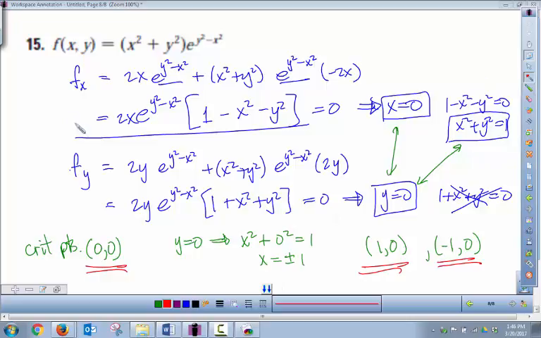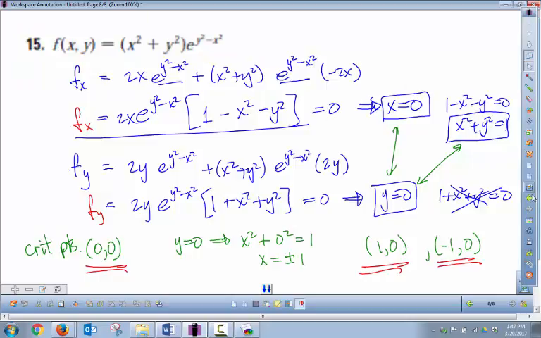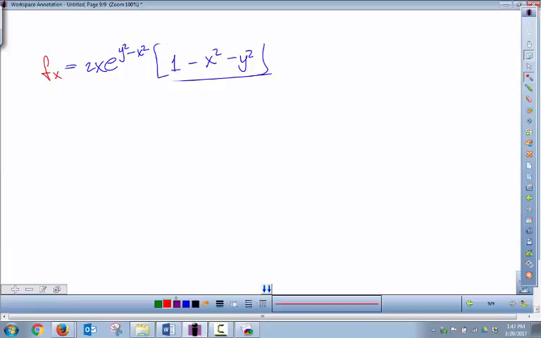So why don't I copy this fx, fy. All right, let's try to simplify this a little bit.